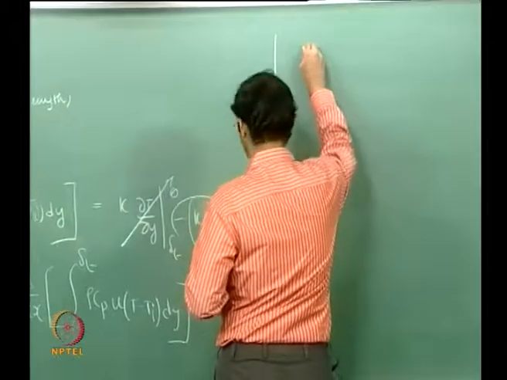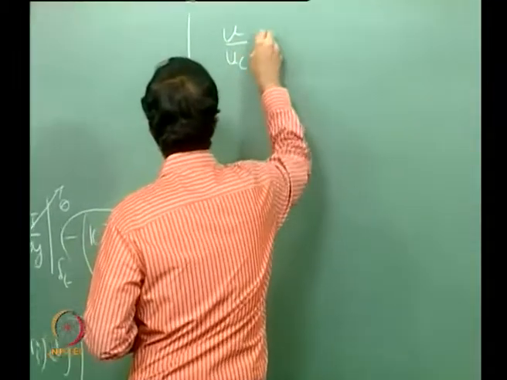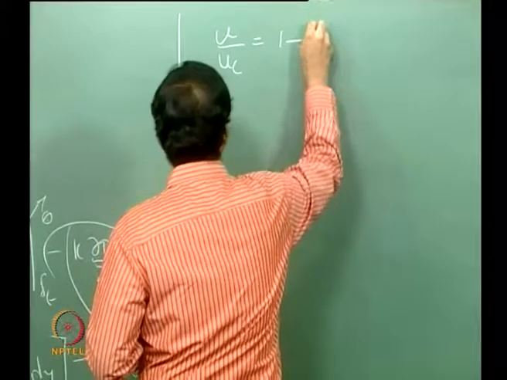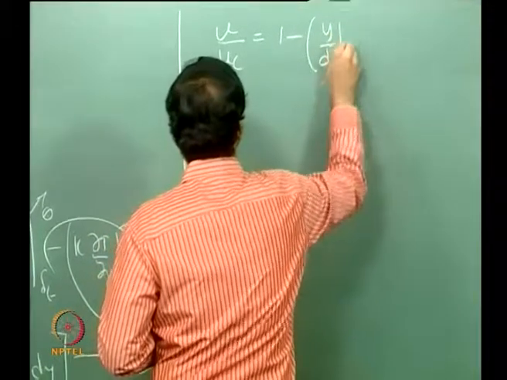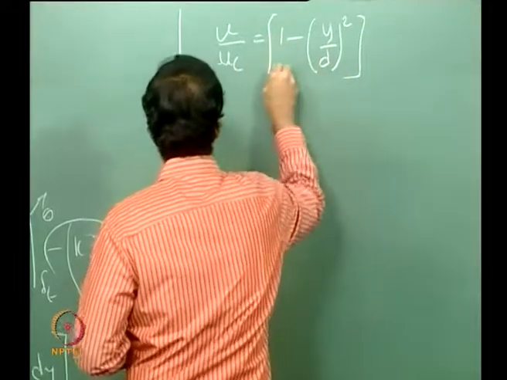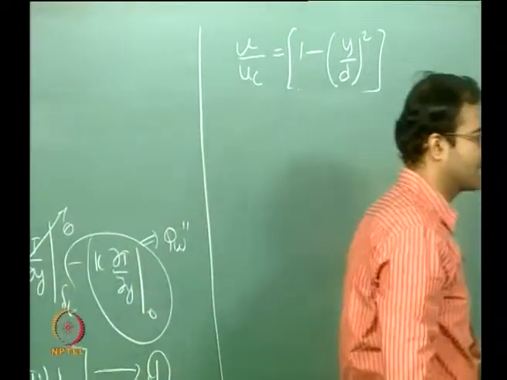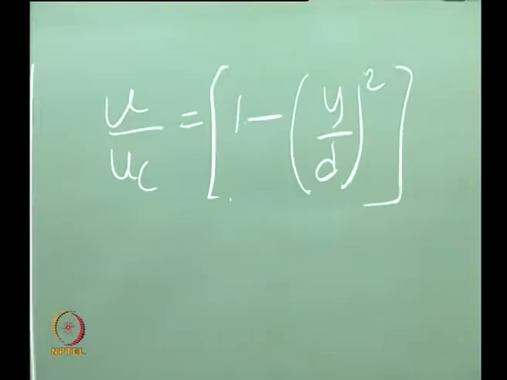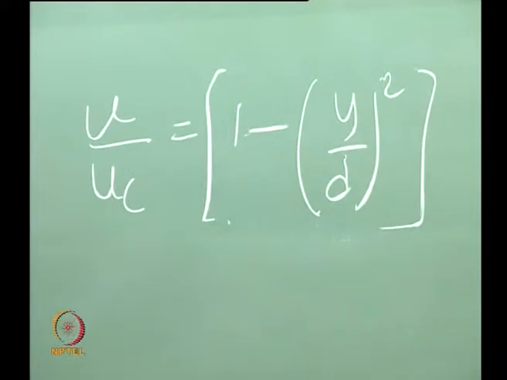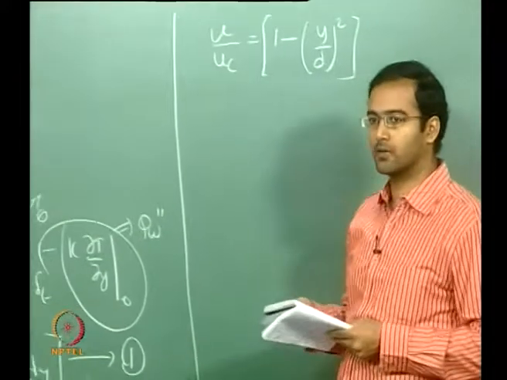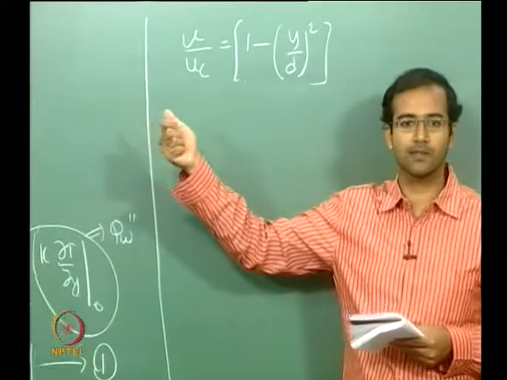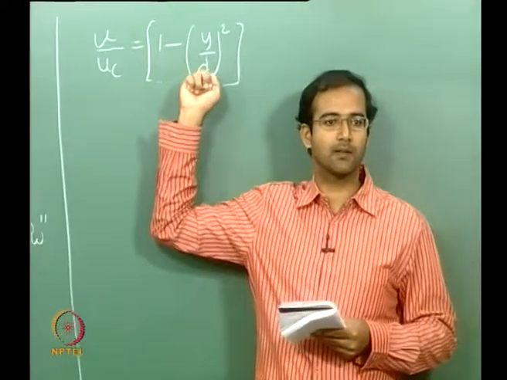That is basically u by uc equal to 1 minus y by d the whole square. I have not derived this. I have derived the velocity profile only for the circular duct, but if you do this for the Cartesian coordinate system, you will get a very similar velocity profile.